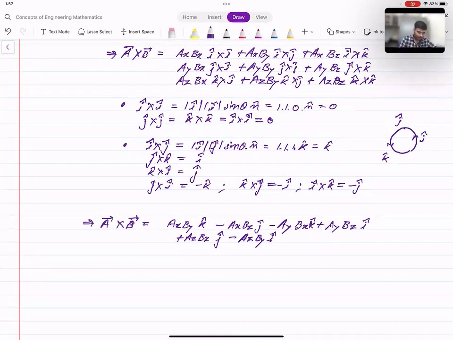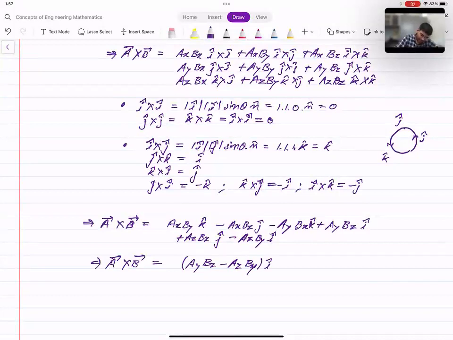Okay, now let us rearrange them. How do they appear now? This becomes a cross b, and let us club the items together. So this becomes (ay bz minus az by) i cap.